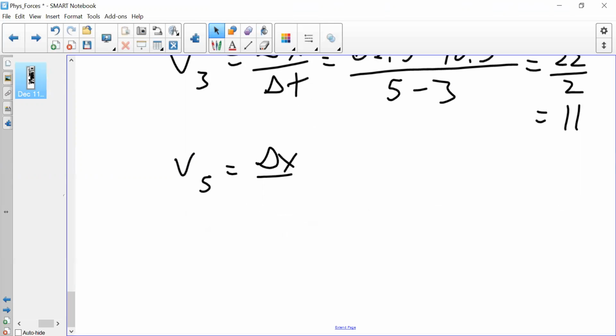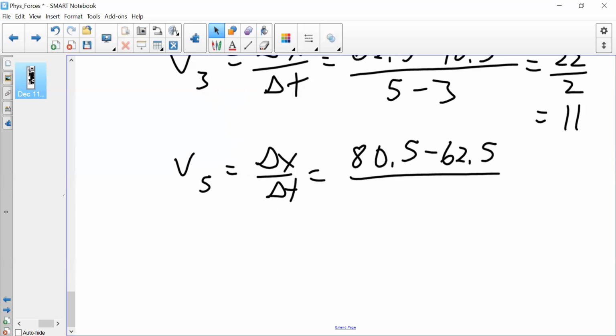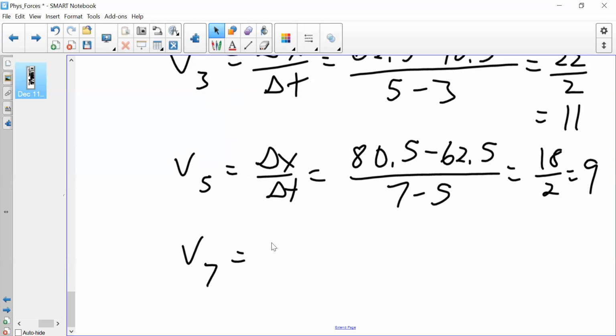Then at 5, delta x over delta t: 80.5 minus 62.5, 7 minus 5. 18 divided by 2, which is 9. You can see the pattern. The gaps in velocity are in increments of 2. 13, 11, 9. You probably predict the next one to be 7, 5. The next, at 7, delta x over delta t.